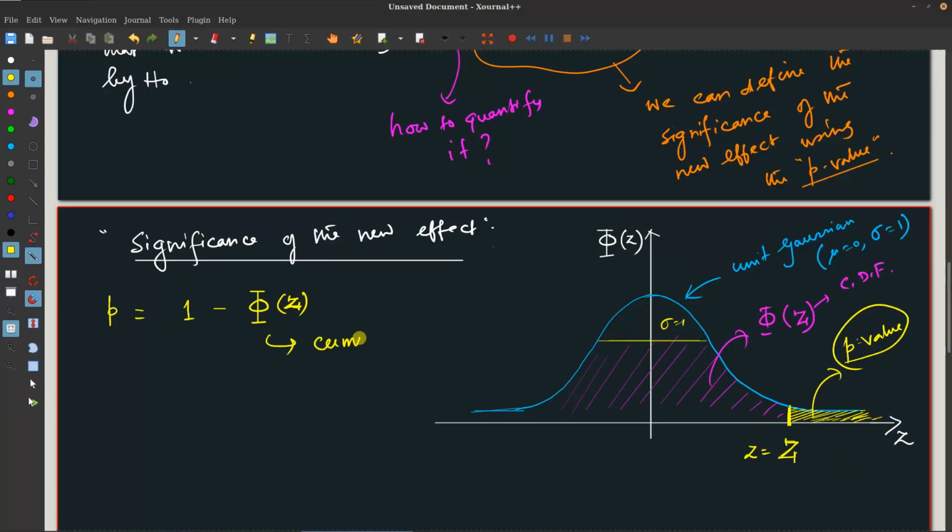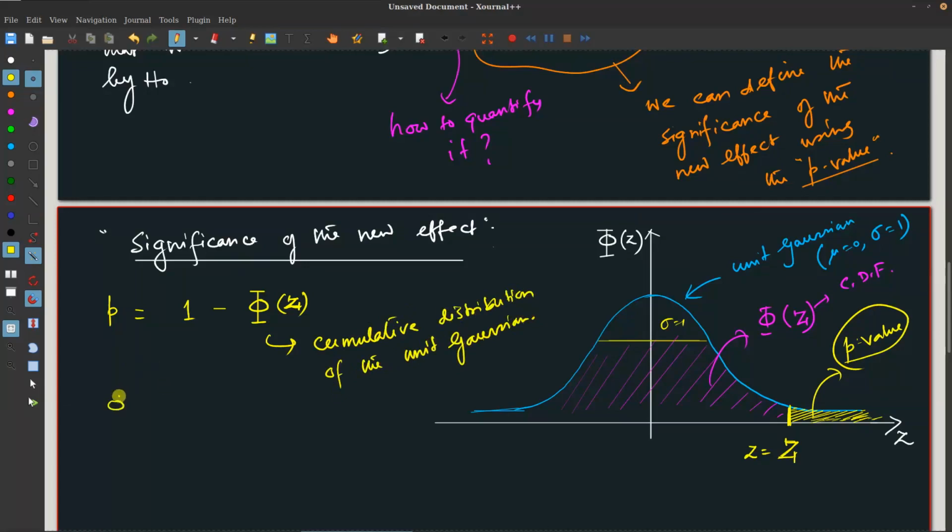This is the cumulative distribution of the unit Gaussian. And then basically you can solve it.